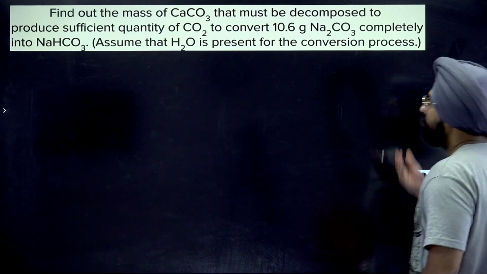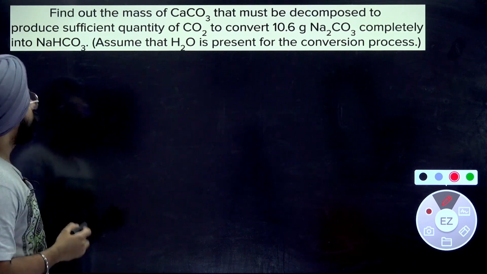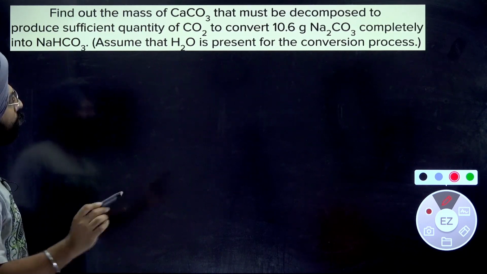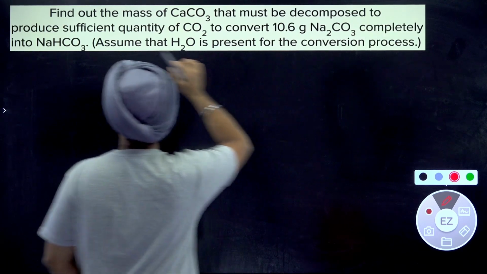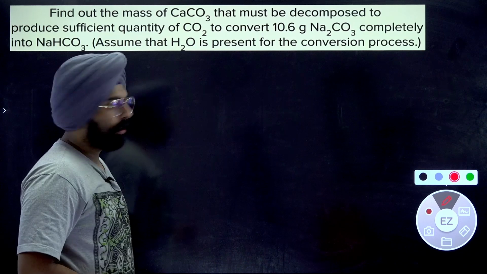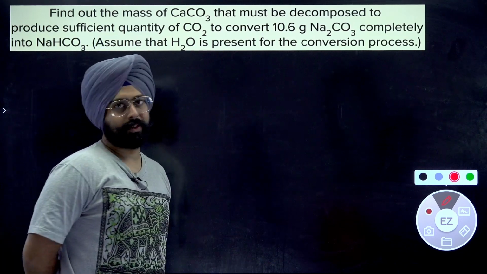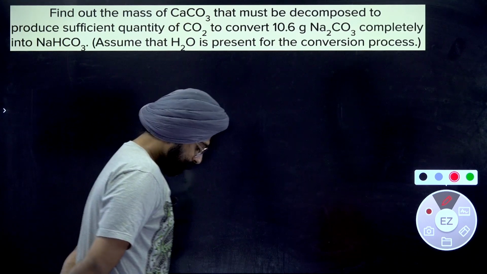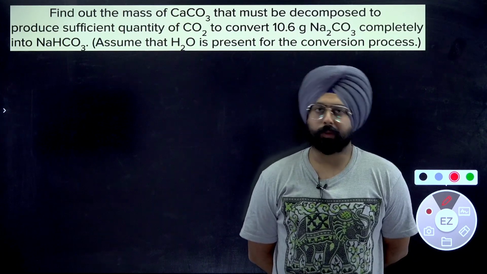Find out the mass of CaCO3 that must be decomposed to produce sufficient quantity of CO2 to convert 10.6 grams of Na2CO3 completely into NaHCO3. Assume that H2O is present for the conversion process. Over here, knowing the chemical equations will help.